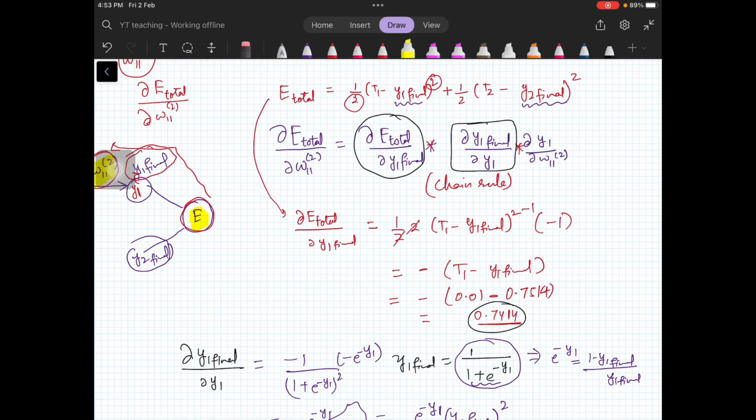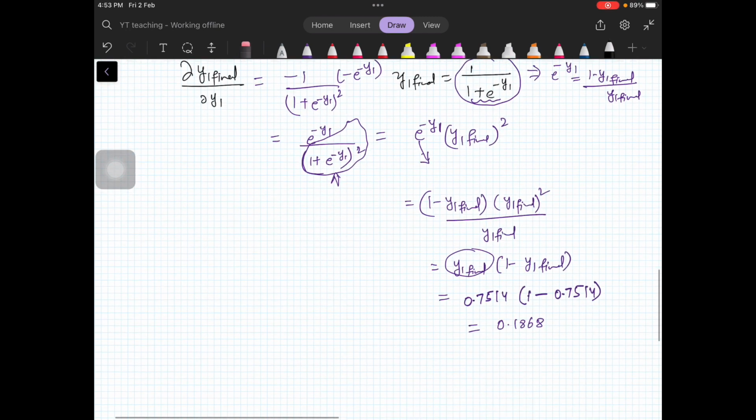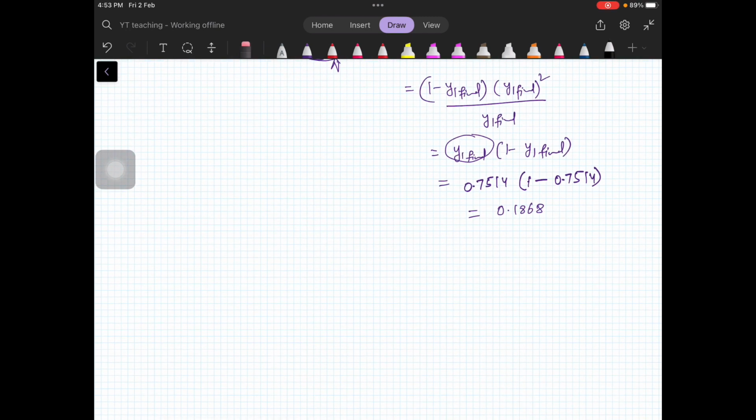You see, everything is very easy. We got the second term, and the first term we already calculated. So you just have to do some basic mathematics, not the advanced one. Here, this is the last term we have to obtain. So we have to write Y1 first. Now, Y1 is H1 final times W112 plus H2 final times W212 plus B2.